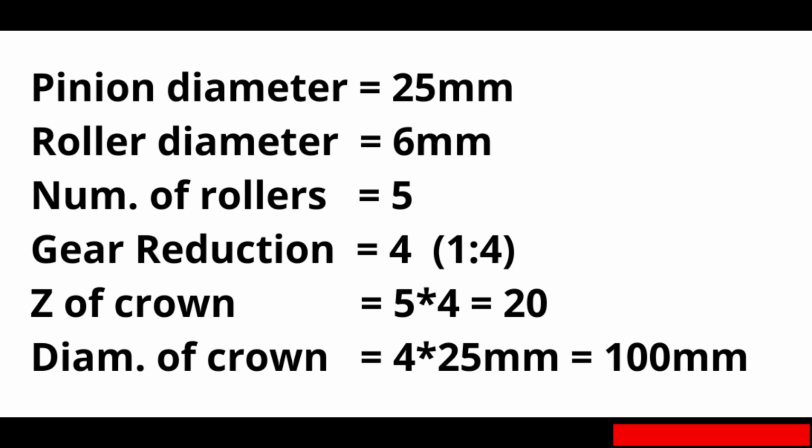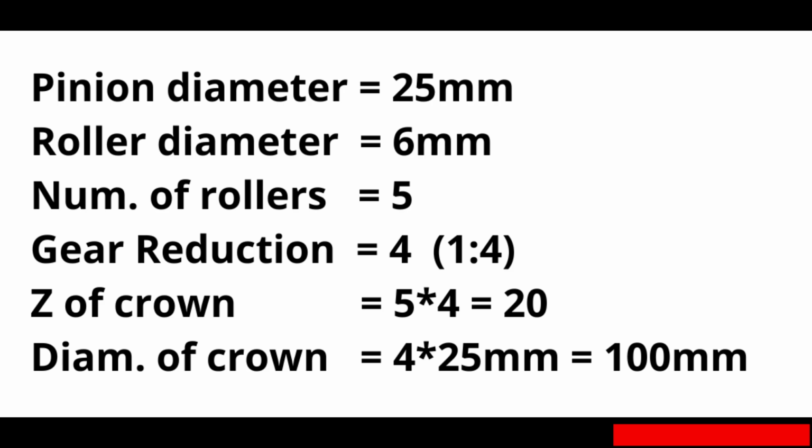In this case, 5 times 4 equals 20. Also, we can calculate the diameter of the crown wheel, simply by multiplying the diameter of the pinion gear times the reduction. But this method is so flexible that you can experiment with different diameters for the crown wheel without following this relation.